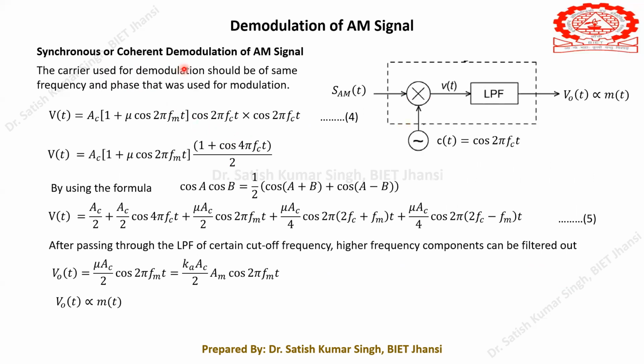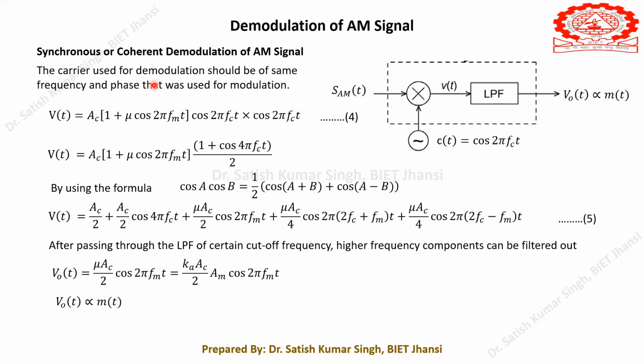Note one thing: for conventional AM, we have simpler receivers than this synchronous or coherent demodulation scheme. But because of the underlying mathematics, which is easy to understand, I'm starting the demodulation process with this particular method, synchronous or coherent demodulation of the AM signal.